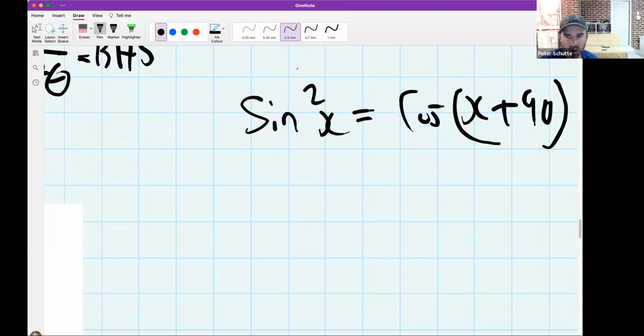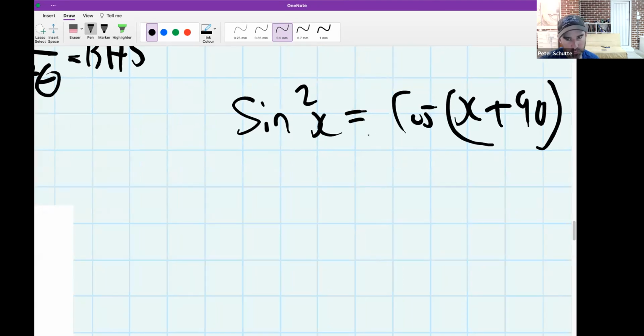Yes. Okay, so that's a different level of trig equation. There's a number of problems. The first problem is that this is cos and this is sine, so you would have to convert that into a sine. The other problem is this is squared.